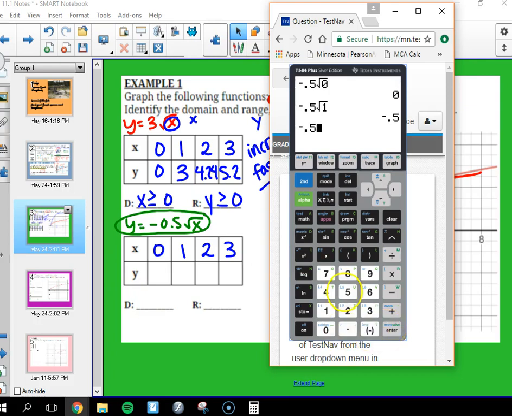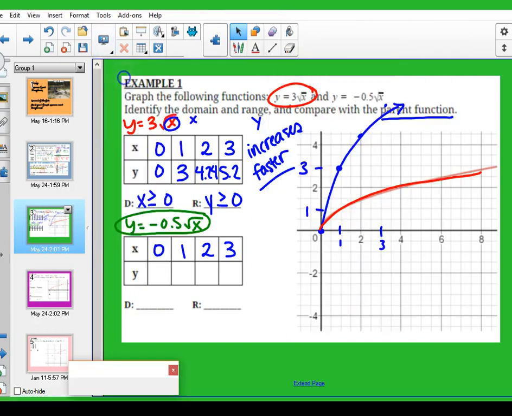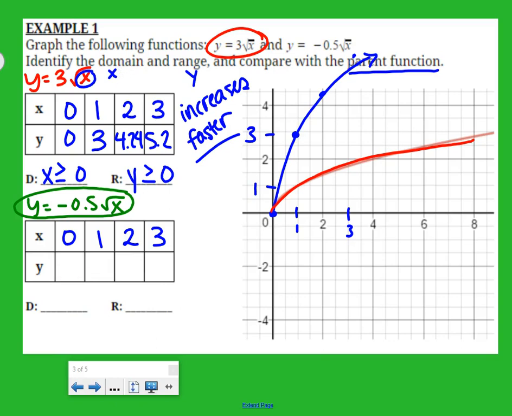Negative 0.5 times the square root of 2, negative 0.707, and then negative 0.5 times the square root of 3, we get negative 0.866. So we put those into our table. We put 0 and we had 0. 1 we had negative 0.5. 2 we got negative 0.71. And 3 we had negative 0.87.